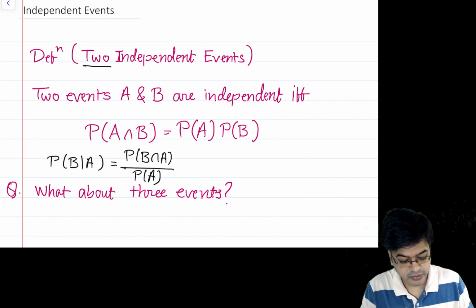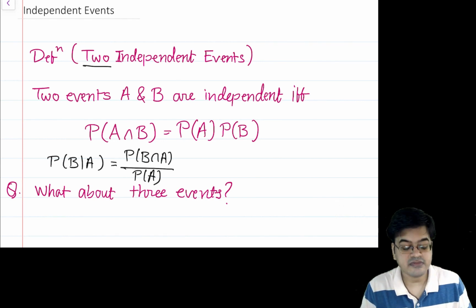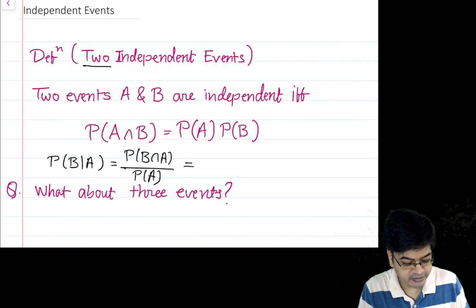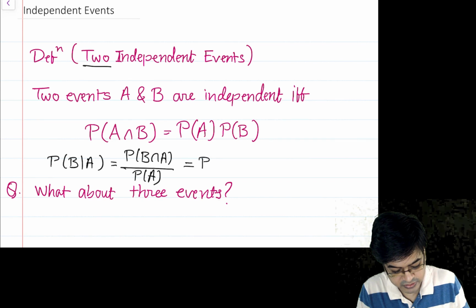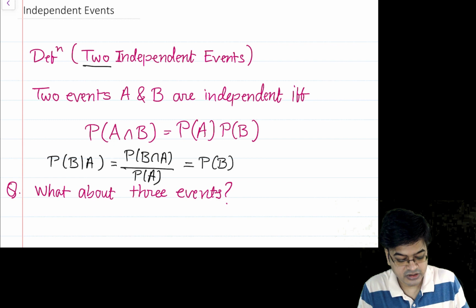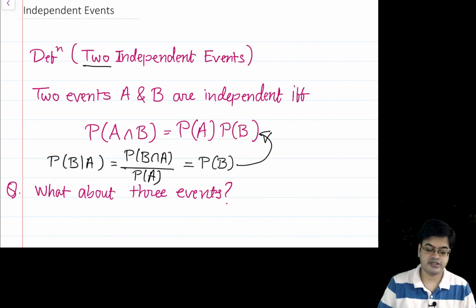Now, this factor says that this particular event is dependent on A. If I want to consider the independence of these events, that means the occurrence of A should not influence the occurrence of B. That means I want to say this should be equal to probability of B. If this happens, then I will say the events are independent, and therefore you will get this definition of independent events.